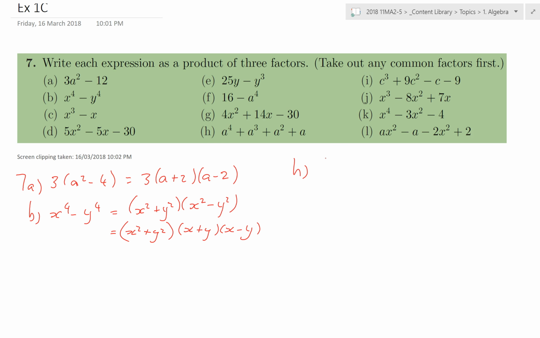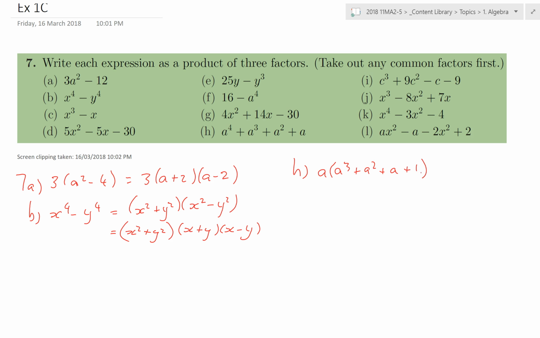Truly, I haven't thought about this very much. Got 4 terms. Look for a common factor. I do have a common factor of a. So yes, I was on the right track. Common factor of a. Let's do that. That is what we do first. a to the 3. This is really a good use of your time, watching me change my mind about how to answer these questions.